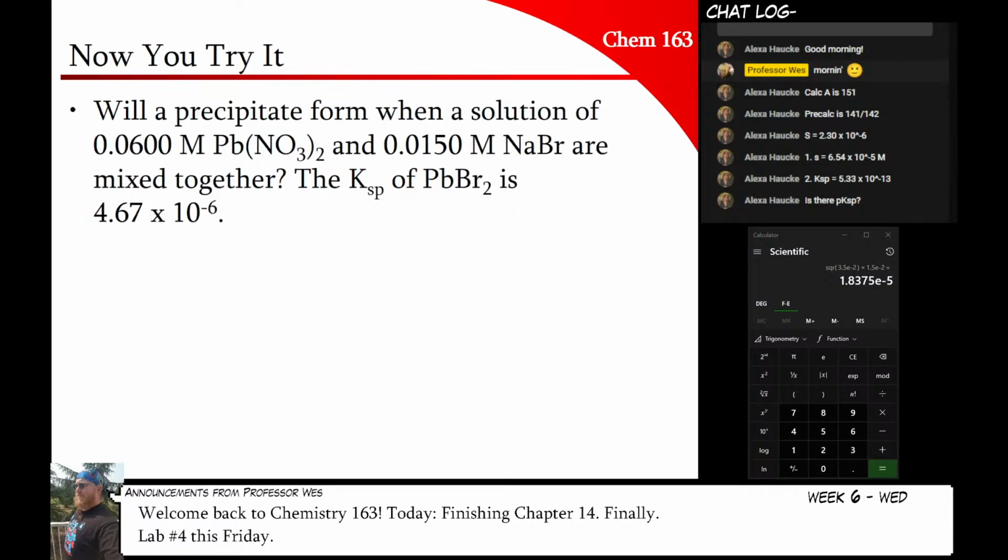All right, let's do another one of these. Will a precipitate form if I give you these concentrations? Now, it's still lead bromide. So this should be pretty straightforward because you've already done all the work for this problem. But I want you to tell me, will these concentrations produce a precipitate? Yes or no? I'm going to give you 2.5, 3 minutes to do that.